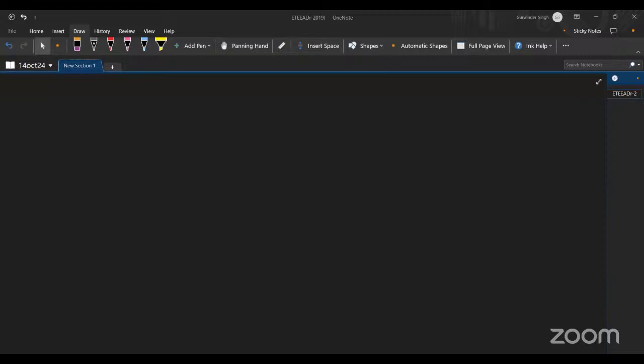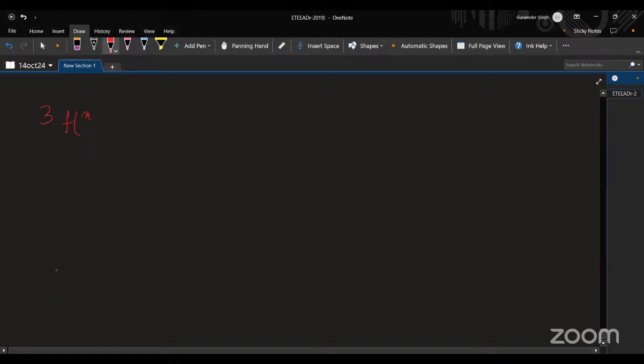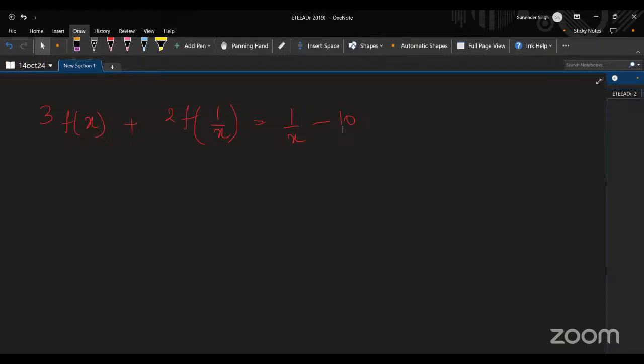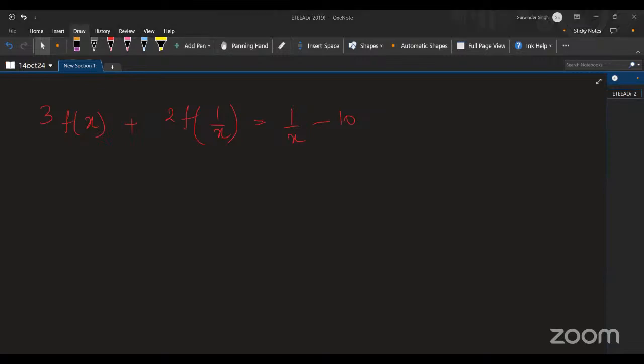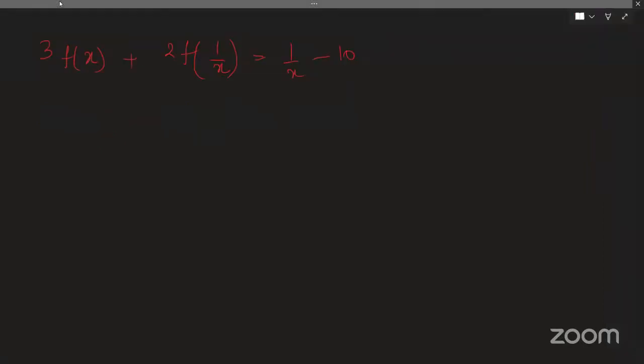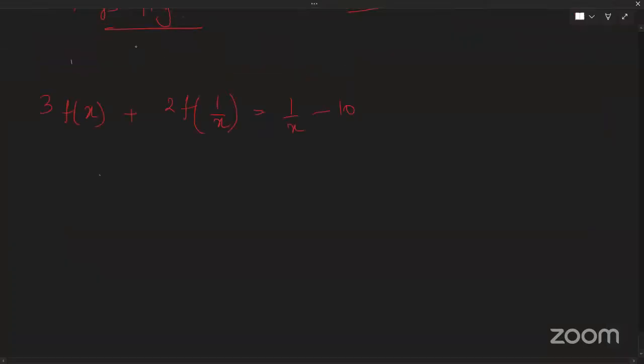It says that 3 times f of x plus 2 times f of 1 by x is equal to 1 by x minus 10. Is this the question? If you have gone through relations and functions, this is a clear functional equation.